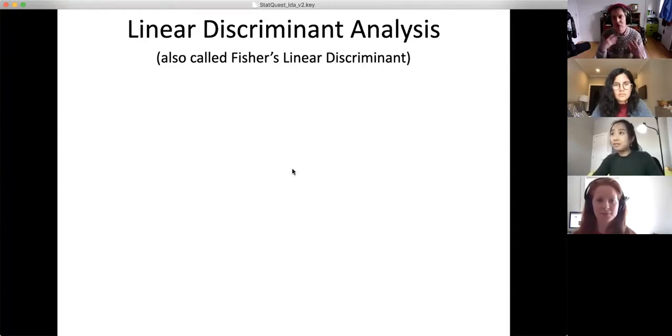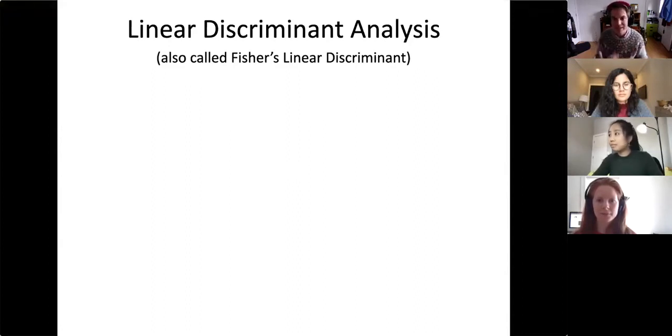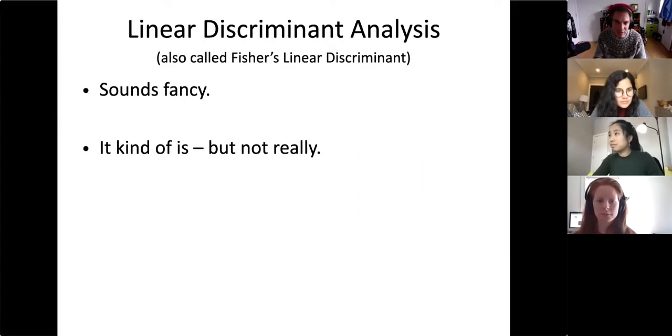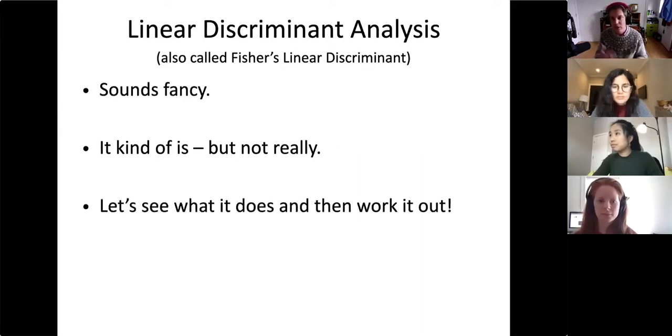Now we're going to talk about something called linear discriminant analysis, also called Fisher's linear discriminant. It sounds fancy. It kind of is, but not really. We're going to see what it does and then work it out. Here's a sneak peek: linear discriminant analysis is good for reducing dimensions.